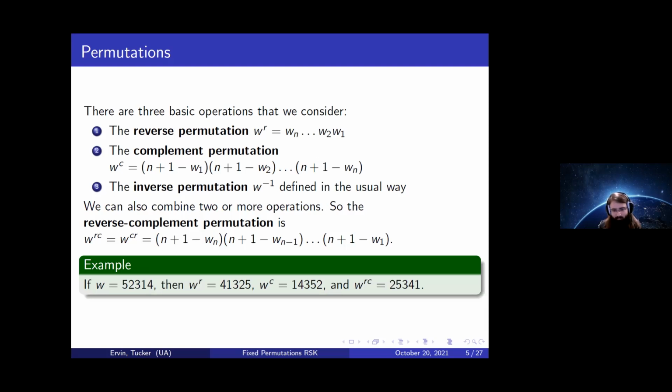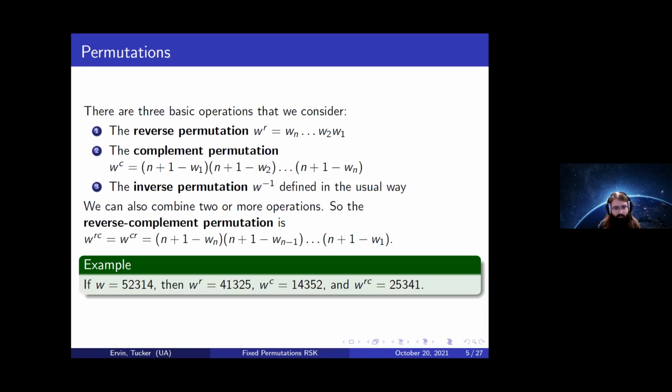And if you apply both processes, you get 2, 5, 3, 4, 1. So this one line notation really makes these reverse, complement and reverse complement operations easy to compute. You can also think of them as multiplication by a certain involution, but that requires thinking about multiplication in the group, and we really don't want to do that for this.